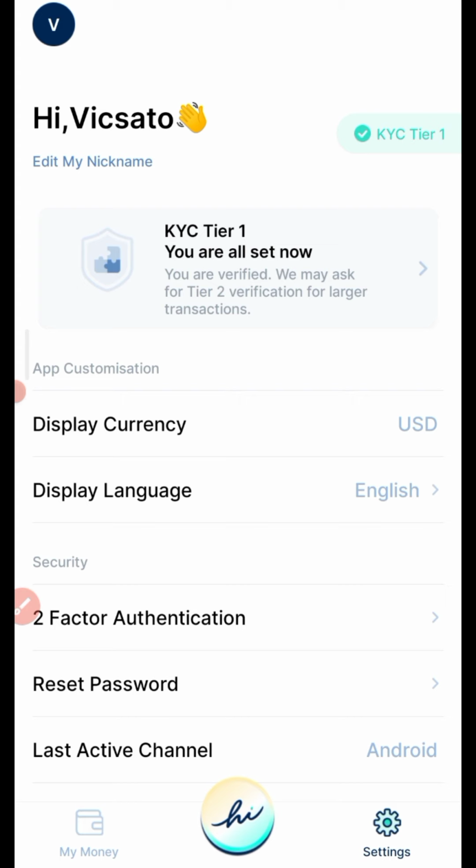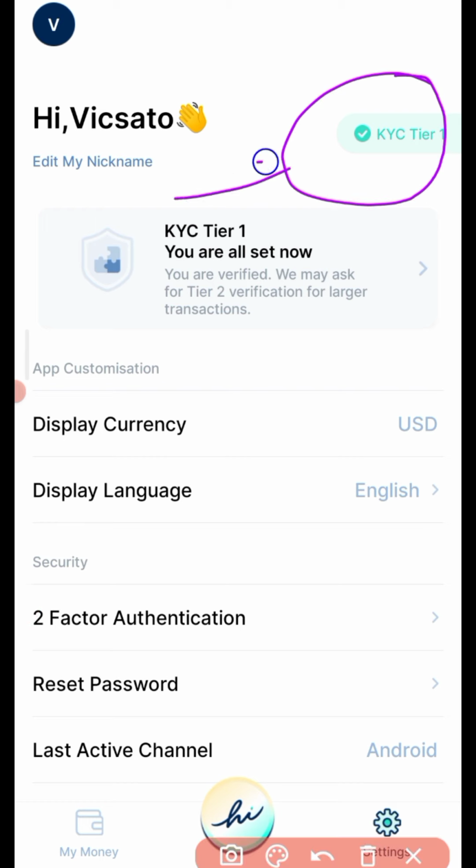So you need any valid ID card, the national identity card or your driver's license. When you have that valid ID card, you take the front picture of the ID and the back picture as well. Then you take a selfie. Then you get verified for KYC tier 1.